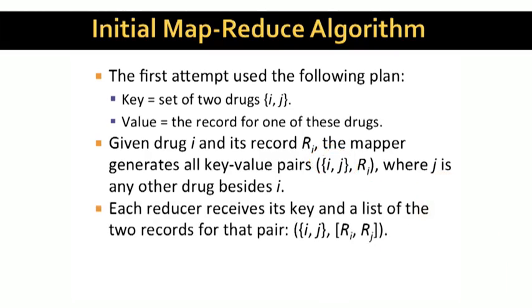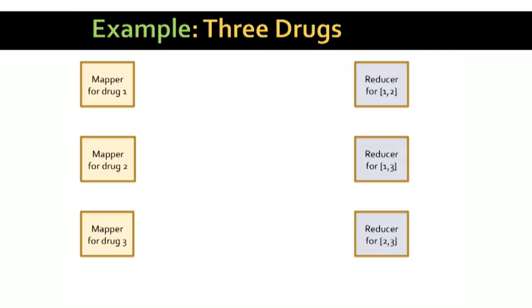And what does a reducer get? Say the reducer is the one for key ij. This reducer is going to get two key-value pairs, one from the mapper for I and the other from the mapper for J. Formally, the input to the reducer is the key ij and the list of the two values associated with this key, the records I and J. We'll look at a baby example to see the idea.